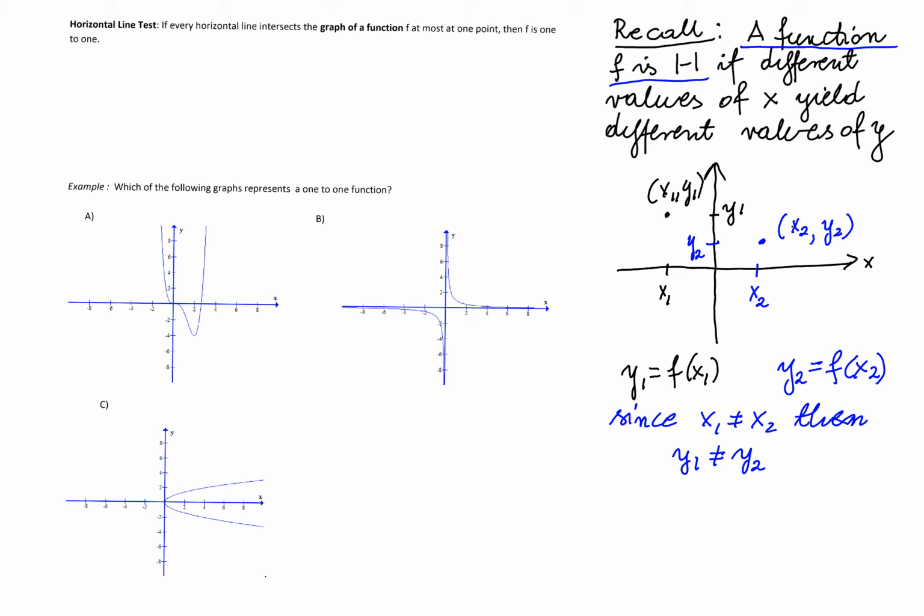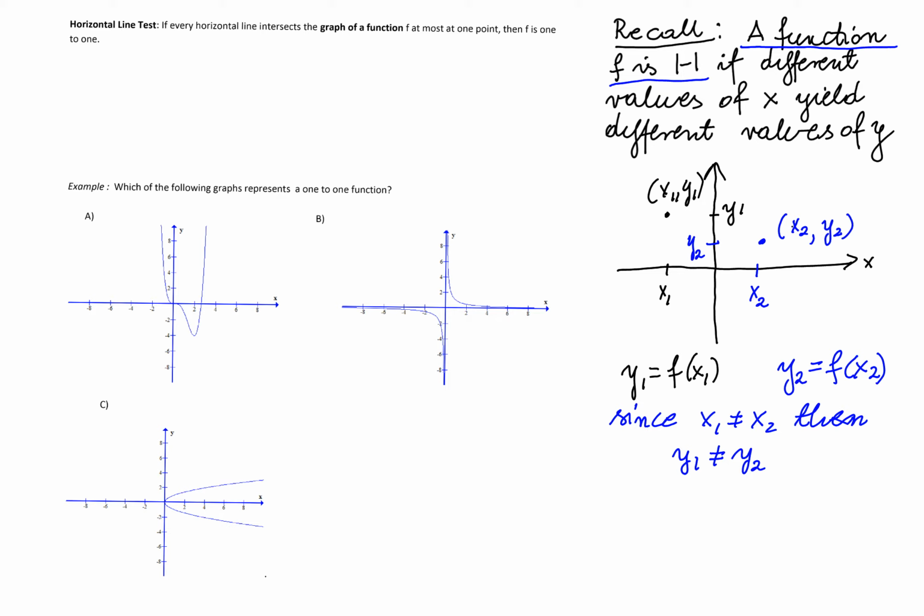That means, as far as the graph of the one-to-one function is concerned, that you cannot find two different points on the graph of a one-to-one function that have the same y coordinate.